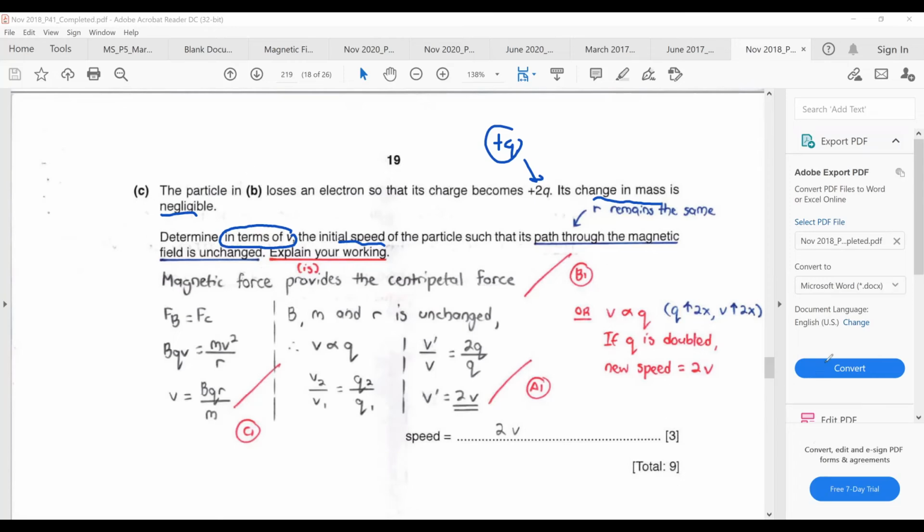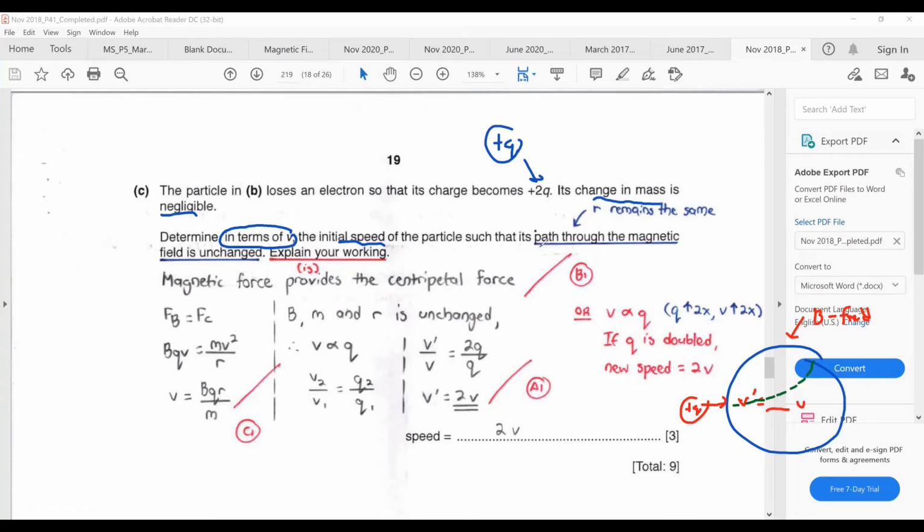So you have another charged particle that is moving inside your magnetic field, inside your B field here. Okay, they want to find out what is the speed of that particle in terms of V such that when it moves in a circle inside the magnetic field, it is the same as the original particle.